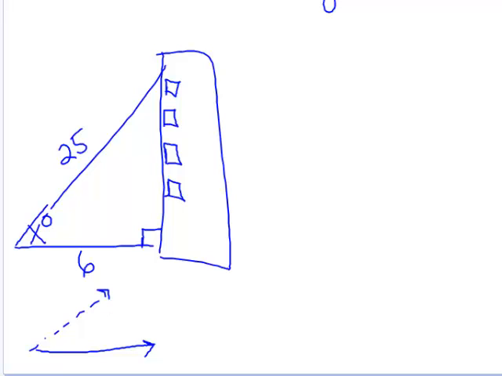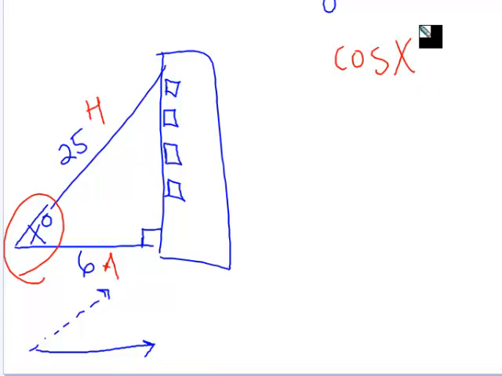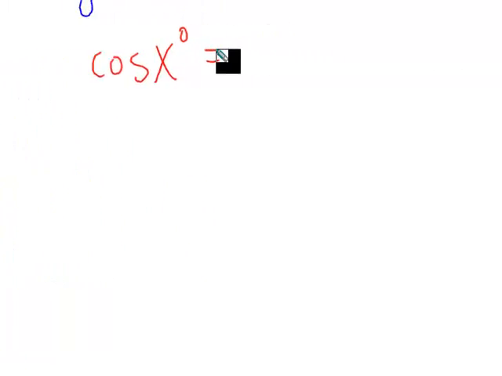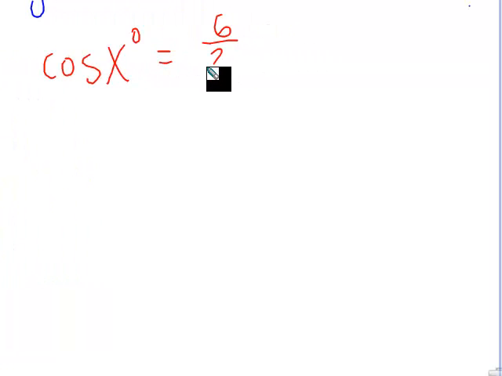Okay, so now how are we going to solve this? Yep, so we want to identify the angle. So here's our angle. We have the hypotenuse and the adjacent. So which one is that? Cosine. So cosine of our angle is equal to what? 6 over 25. So how will we actually get our angle measure out of there?